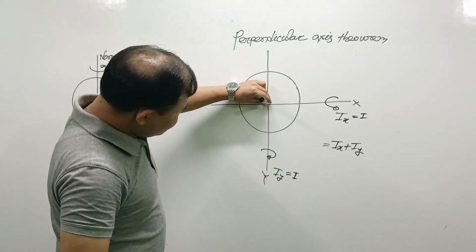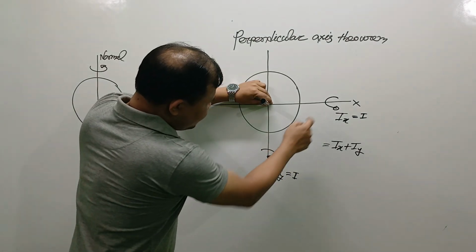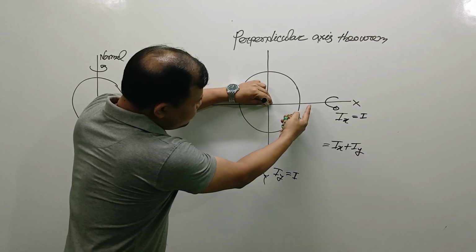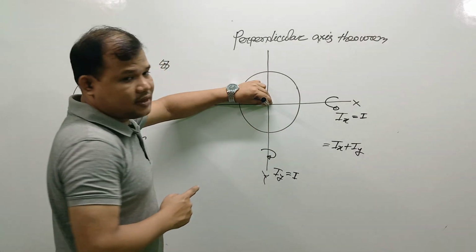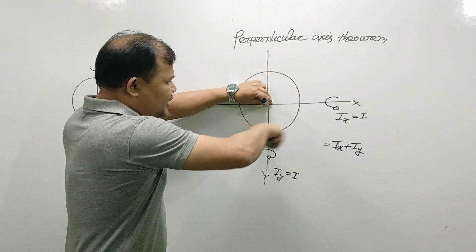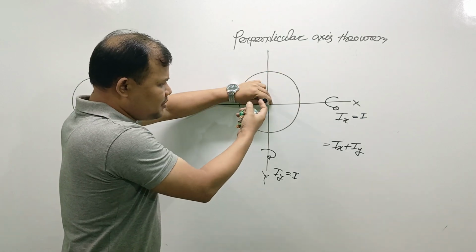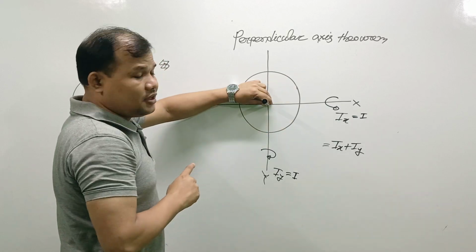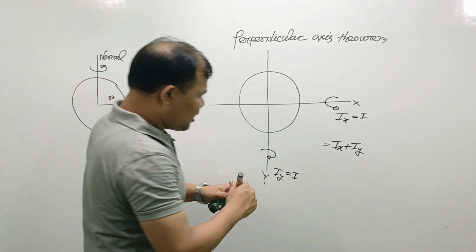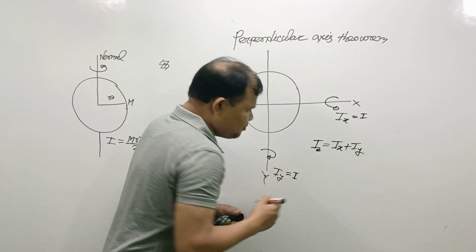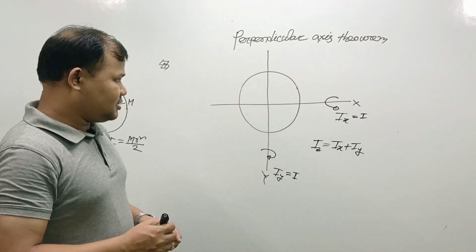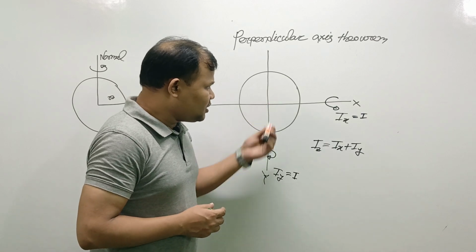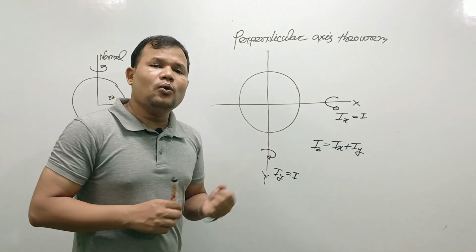Suppose this is the x-axis and this is the y-axis, and this marker is perpendicular to the x-axis and perpendicular to the y-axis. If the circle rotates around this axis, this marker represents the z-axis, then the moment of inertia will be Iz, because this is also a perpendicular axis. This z-axis passes through the intersection of the x-axis and y-axis.